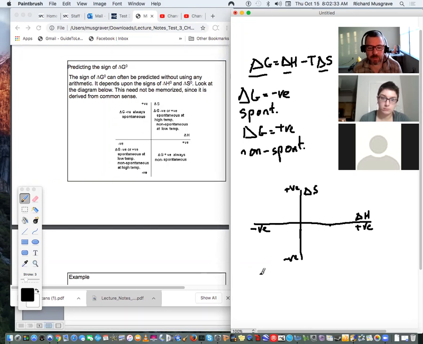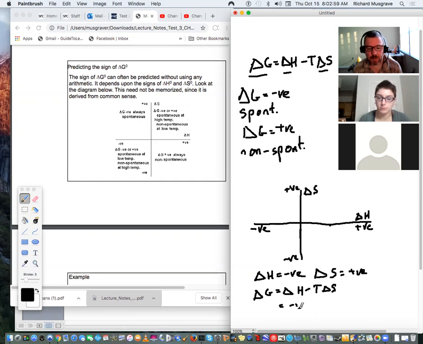So in that instance, here's how it works. If you've got delta H is negative and you've got delta S is positive, and then when we put them into our delta G equation, you can see what effect that's going to have.